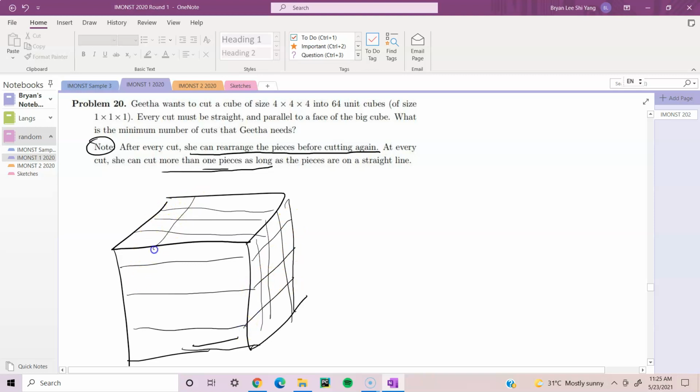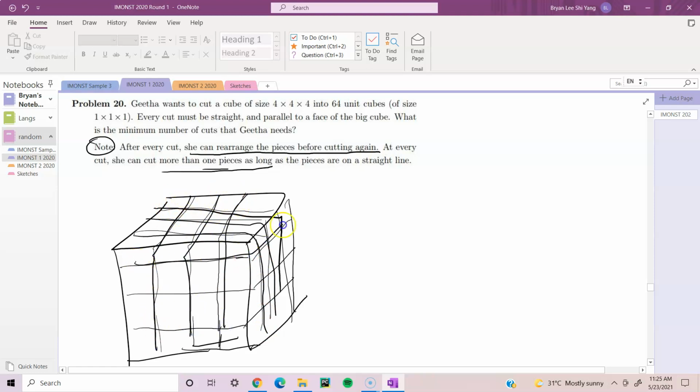Then finally we have the last side, which is this one. If you do not move this whole cube, you just let it cut as it goes. As you can see here, we will need 1, 2, 3, 4, 5, 6, 7, 8, 9. So you would need 9 cuts.